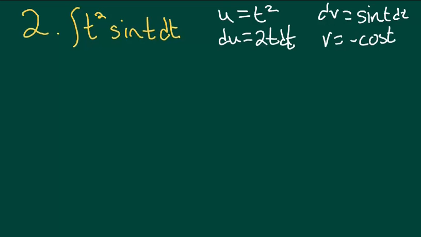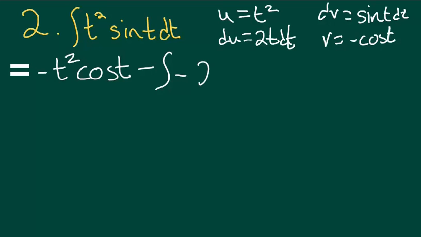Now we use the formula uv minus the integral of v du, and that's going to give us t squared times negative cosine of t minus negative 2t cosine of t dt.